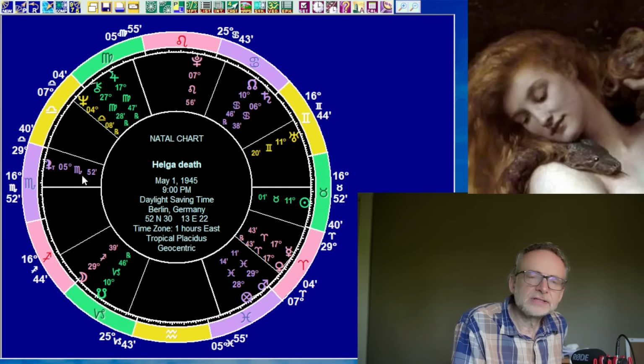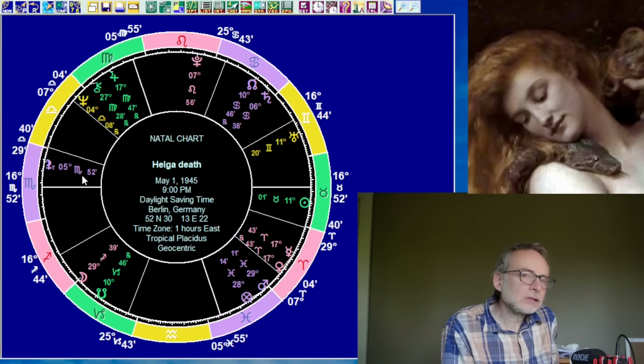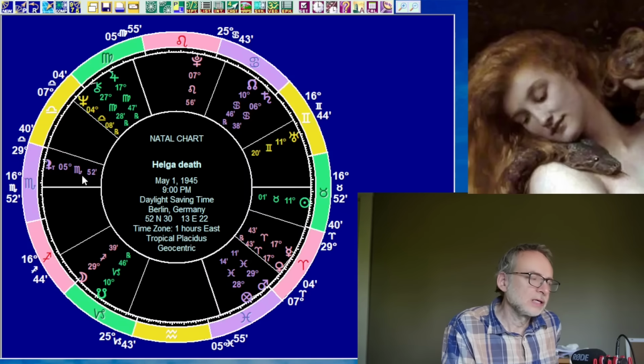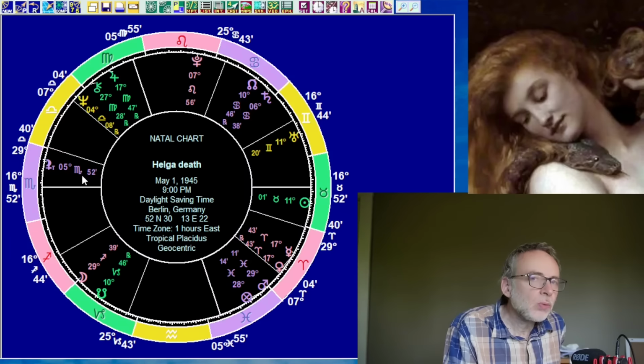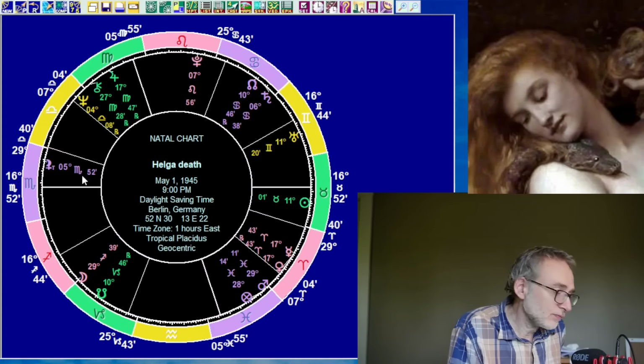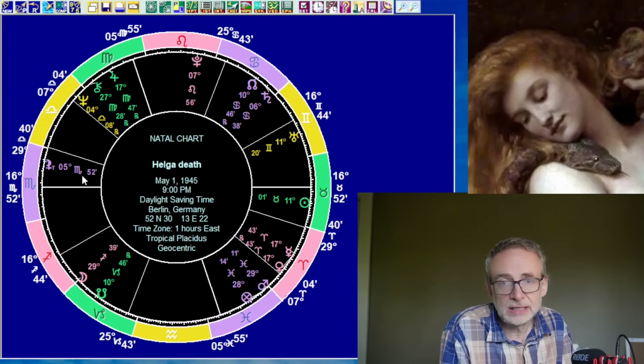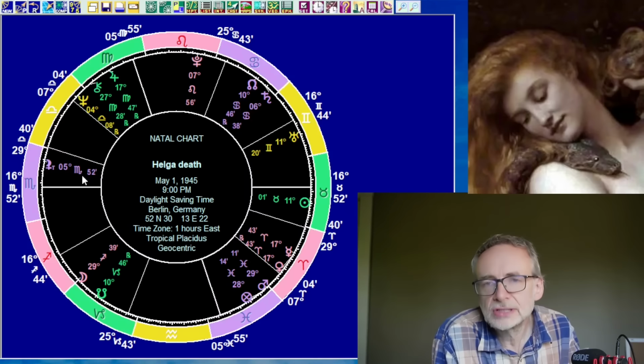So Helga, this is a chart for Helga. And the reason I've gone for Helga Goebbels is that Helga was the oldest of the children. And Helga seems to have been the one that really was aware of what was going on. When they first gave them morphine and then forced cyanide into her mouth, she was the one that resisted.